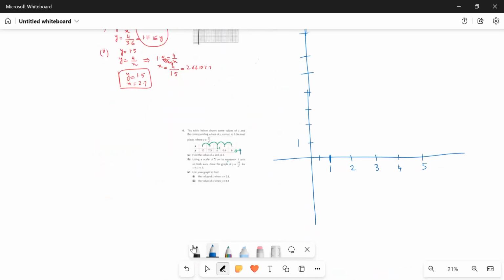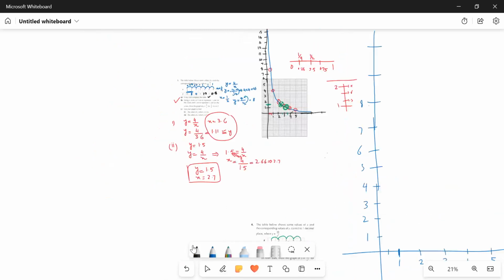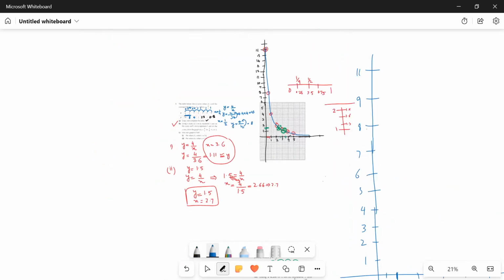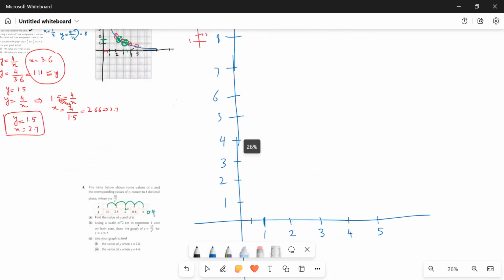So it is 1, 2, 3, 9, and 10. Okay, now plot the numbers on the graph.